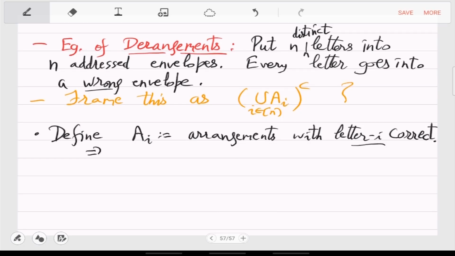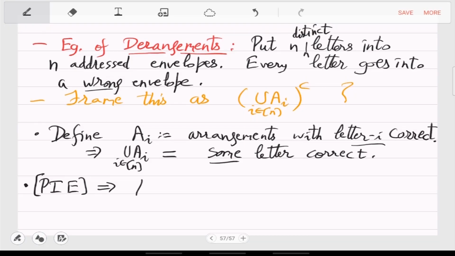Now the union of A_i means that something was correctly posted, and the complement is nothing was correctly posted, right? And hence you really want to count the size of the complement of the union of A_i.